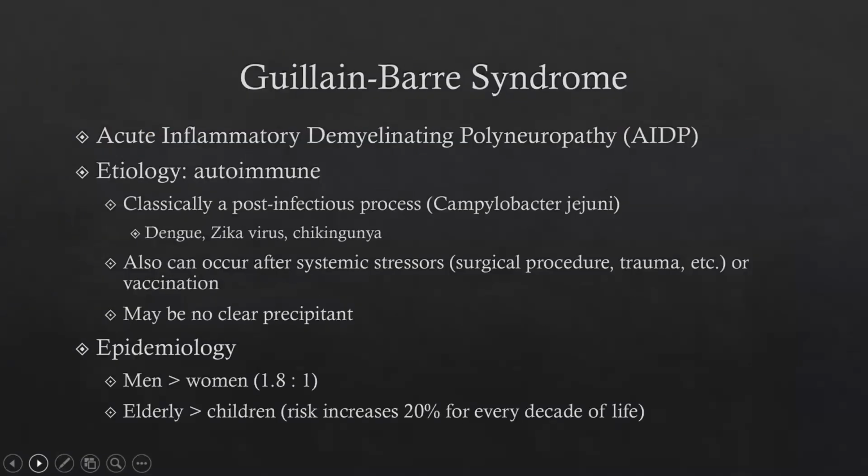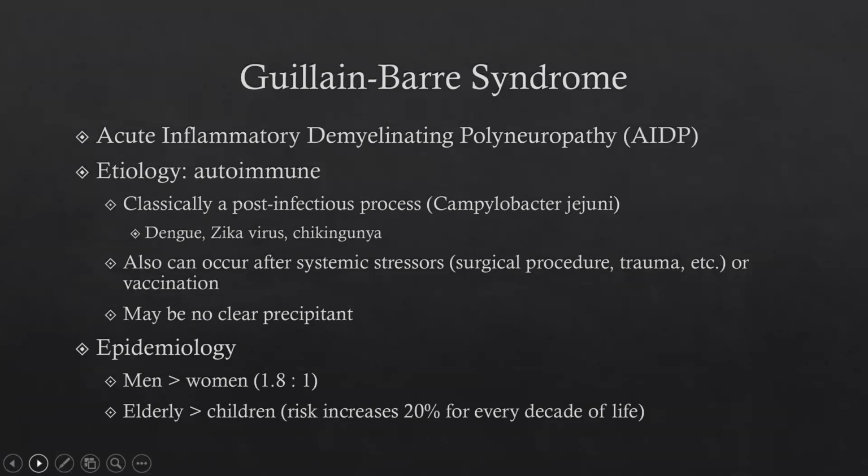So Guillain-Barré syndrome, or AIDP, is an autoimmune disease and generally tends to be a post-infectious process with a bunch of organisms attributed to this disease process. In terms of bacteria, you can think of Campylobacter jejuni, and usually the classic presentation is an episode of diarrhea prior to onset of neurological symptoms.